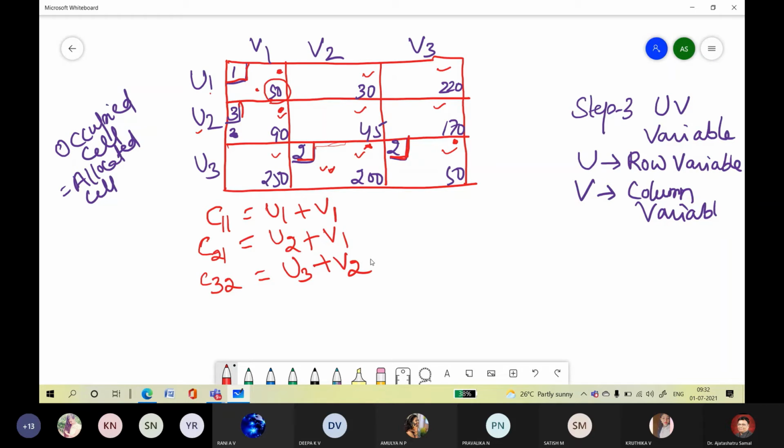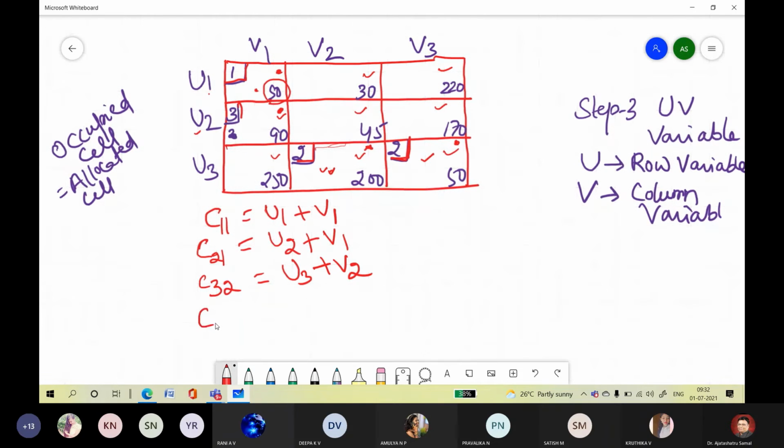Next one, another allocated cell, occupied cell: C33 equal to U3 plus V3. Anybody have doubts? You tell me, guys.